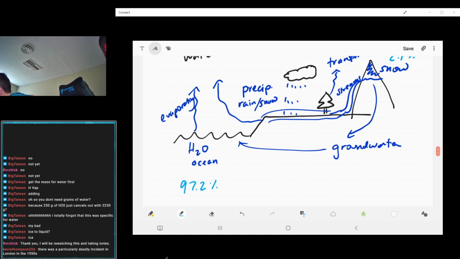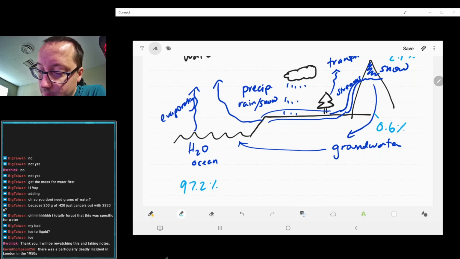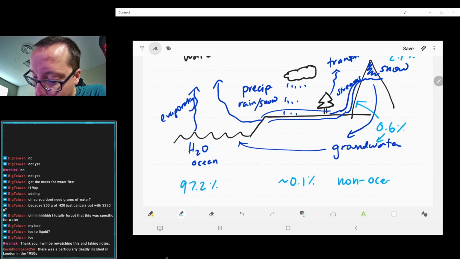And we're going to see about 0.6% is in streams and groundwater. And then the last 0.1% is in non-ocean salt water.